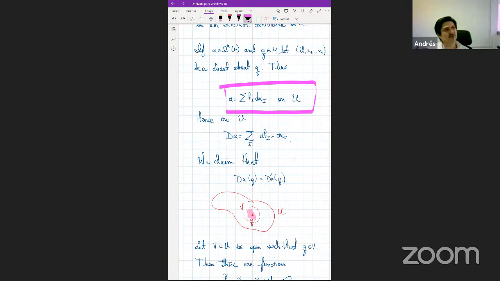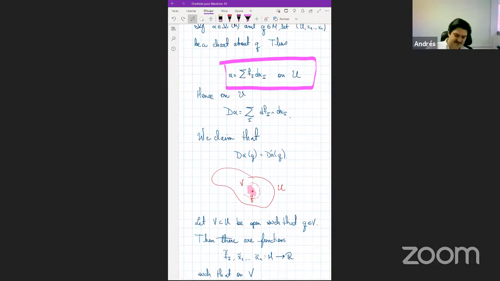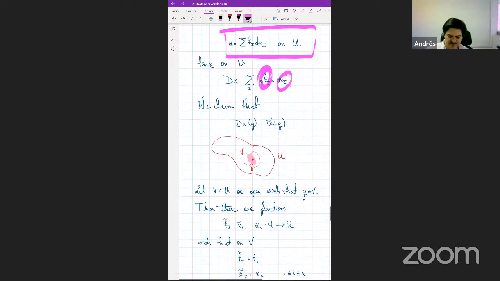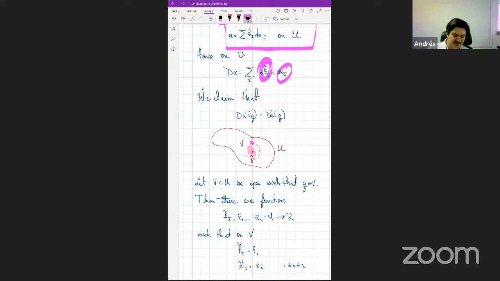And again, I'm going to stress, the differential operators are global. So that's why we need to extend this form to all of M. So each function like this and each coordinate function, I'm going to extend it to all of M. I consider any smooth extensions of those functions such that on V, they agree.